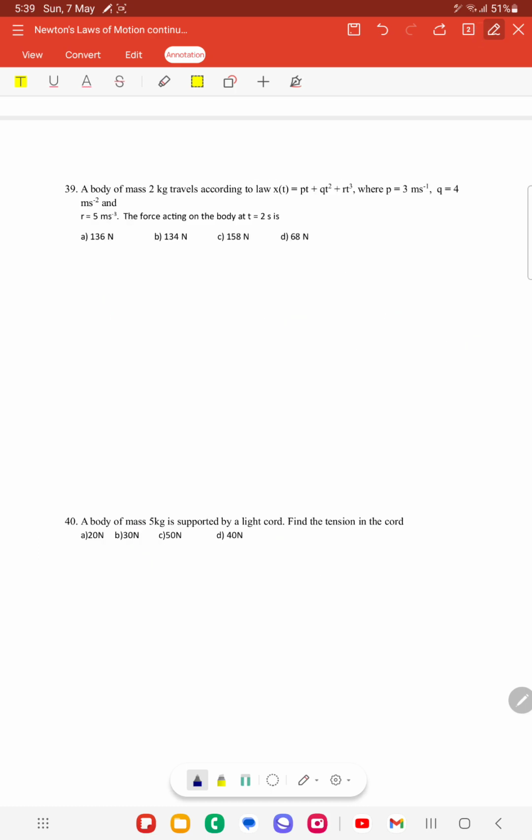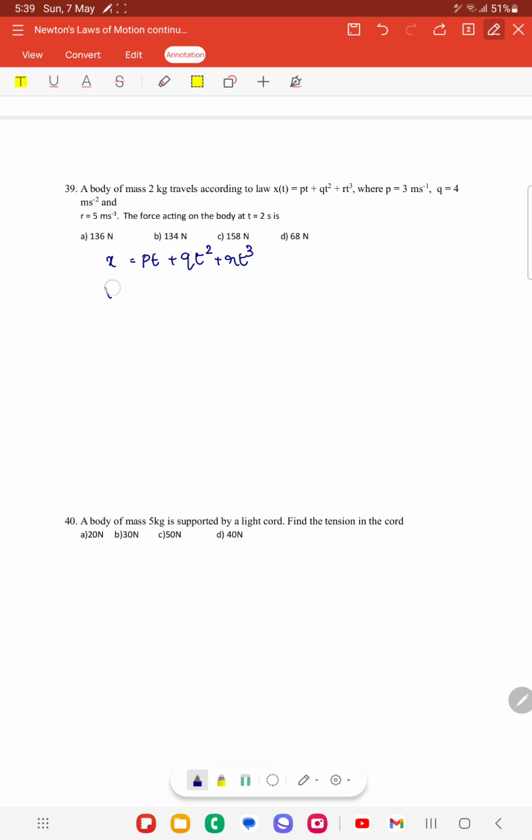A body of mass 2 kg travels according to the law x of t is equals to pt plus qt square plus rt cube, where p is equals to 3 meter per second, q is equals to 4 meter per second square, and r is 5 meter per second cube. The force acting on the body at t is equals to 2 seconds is. So we have a position equation, that is x is equals to pt plus qt square plus rt cube.